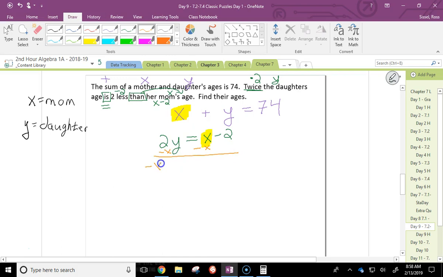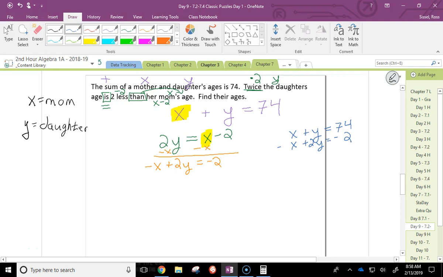Then I'd have negative x plus 2y equals negative 2. Oh, now they're alike. Let's line them up. X plus y equals 74. Negative x plus 2y equals negative 2. Now, since my x's are opposites, should I add or subtract the two equations?